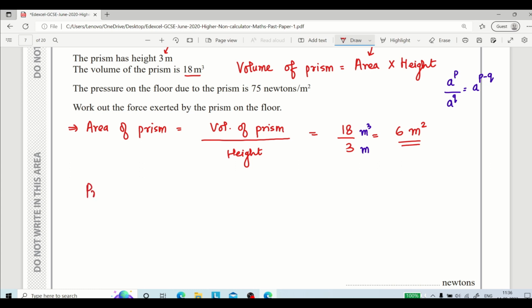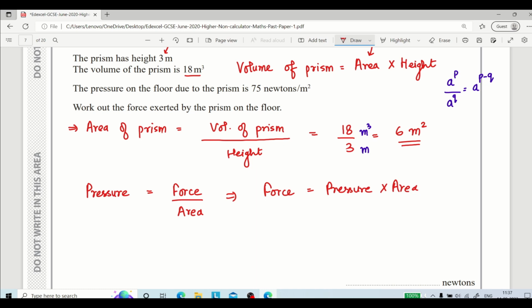Now we have pressure. Pressure is equal to force upon area given, right? So this implies you will be able to find out force using pressure into area. Great.